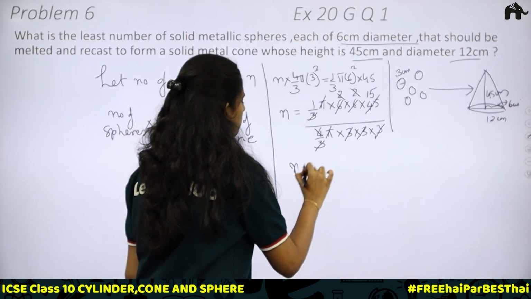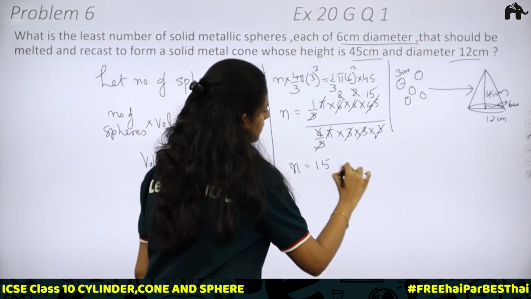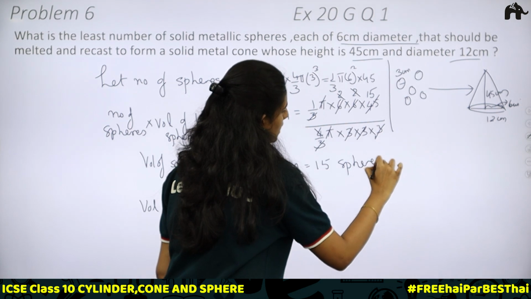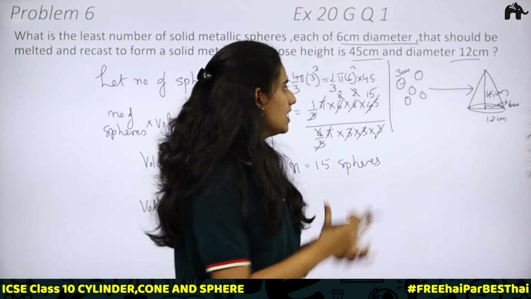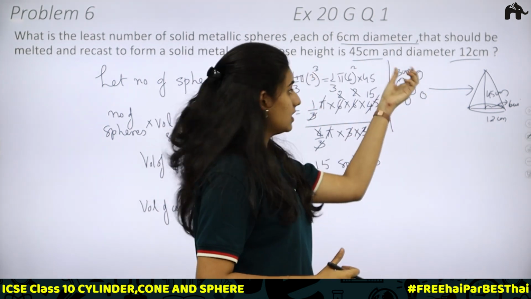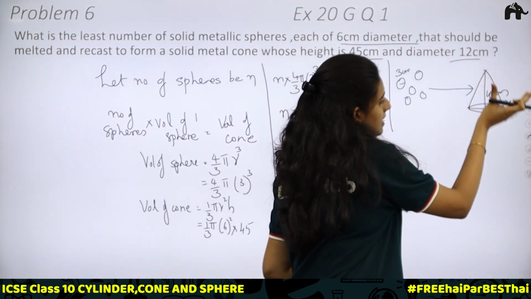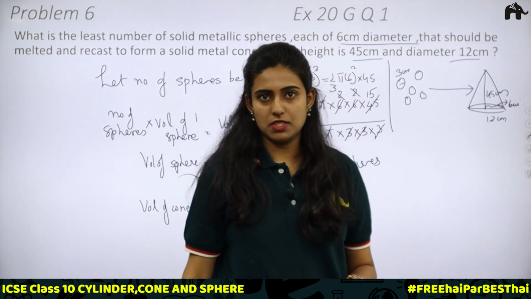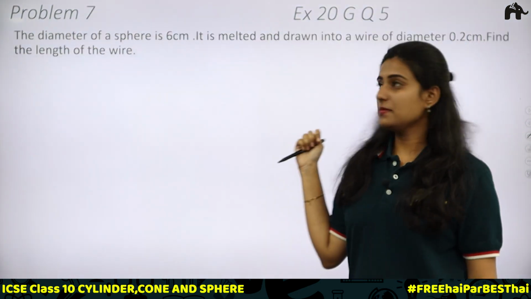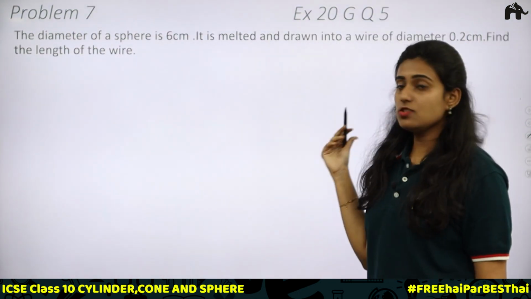So the value of n is 15. 15 spheres are taken. They are melted, each of 3 centimeter radius, to form a cone which is of height 45 centimeter and radius 6 centimeter.